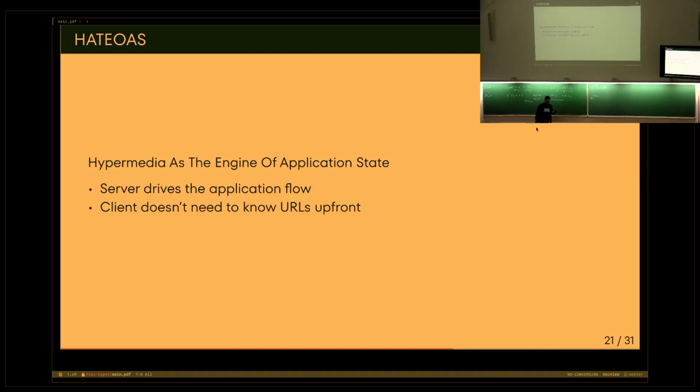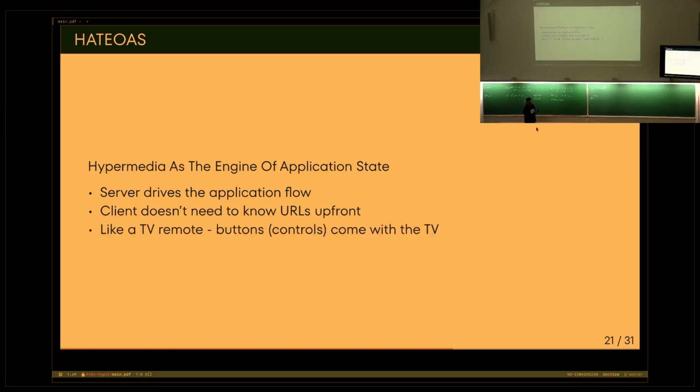You can click on this button that will send a request to this URL, and so on, which is the case with regular old links, with anchors. But if you're making a nice JavaScript WebAssembly application, it has to know the endpoints of your API ahead, because it needs to be able to issue requests to it to get the JSON or whatever. So it's like a TV remote, the remote comes with the TV.